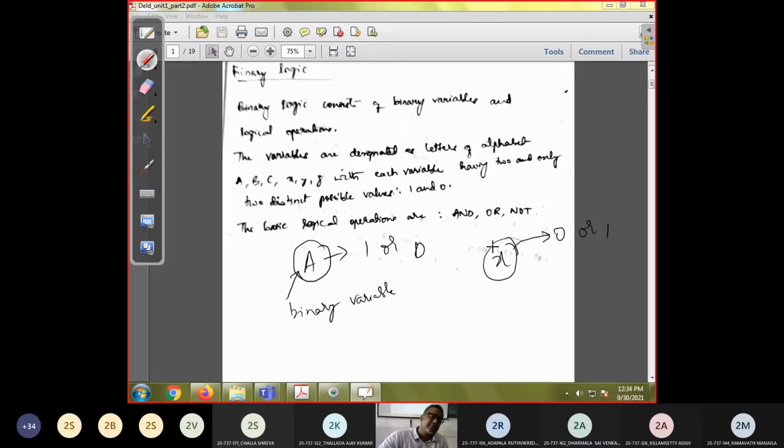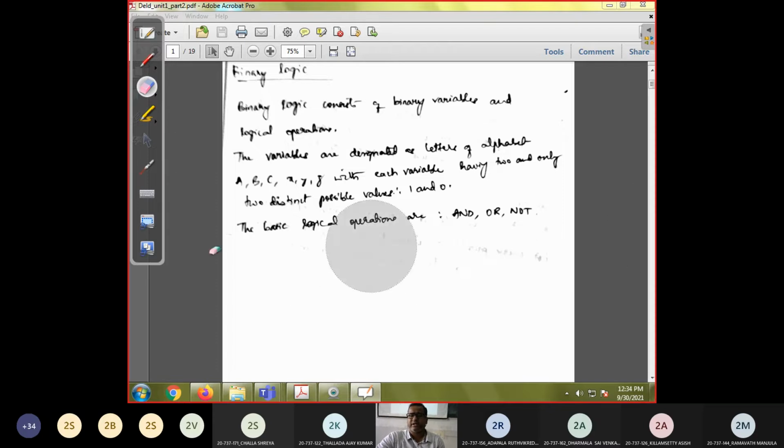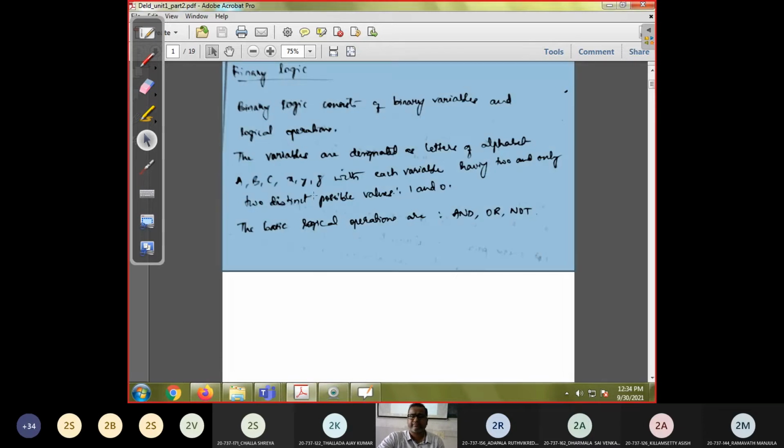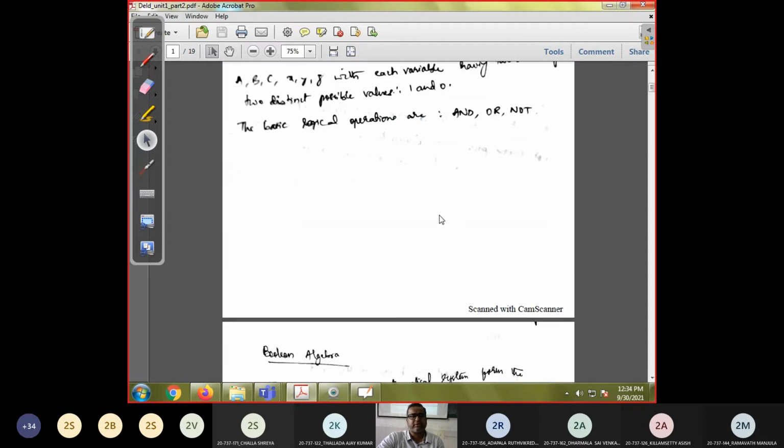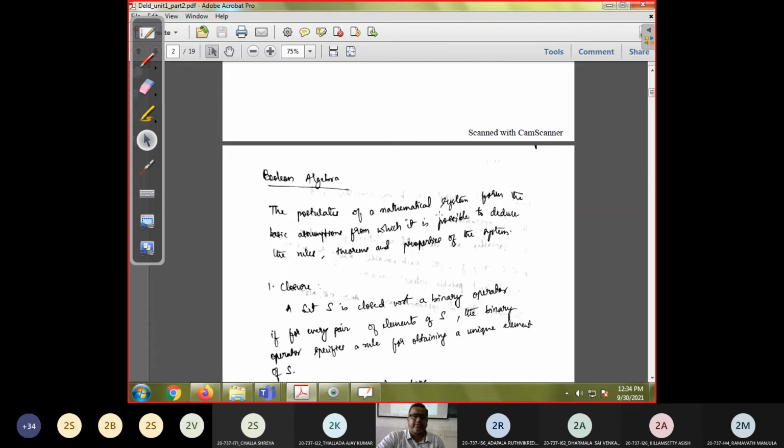Now let us proceed further and try to understand some more details. All of you know these things, but this is just a repetition of things you already know. Our entire subject of digital system design is based on the concept of Boolean algebra.